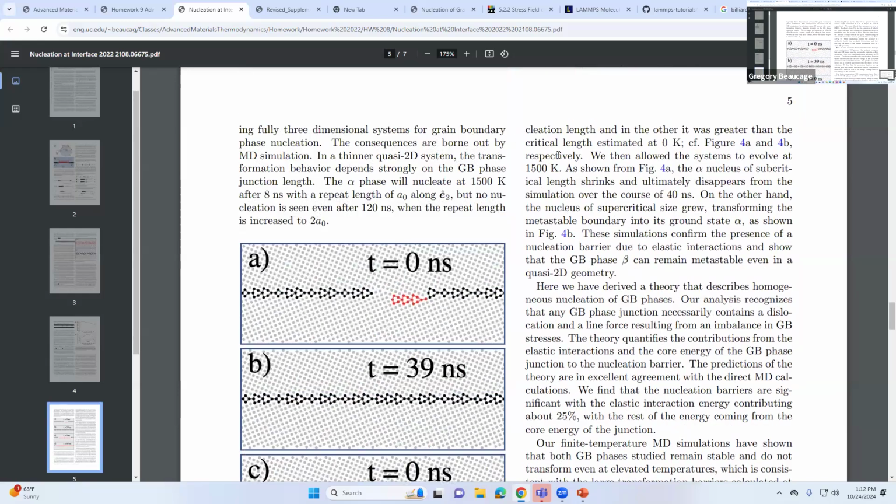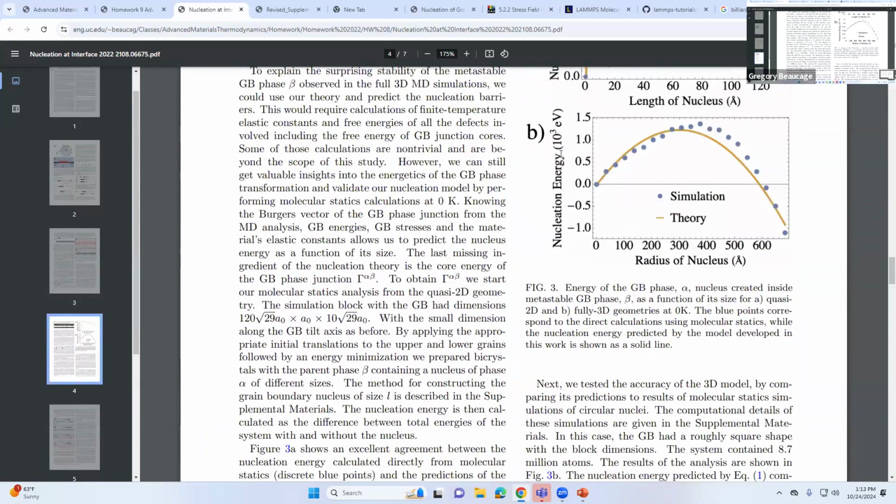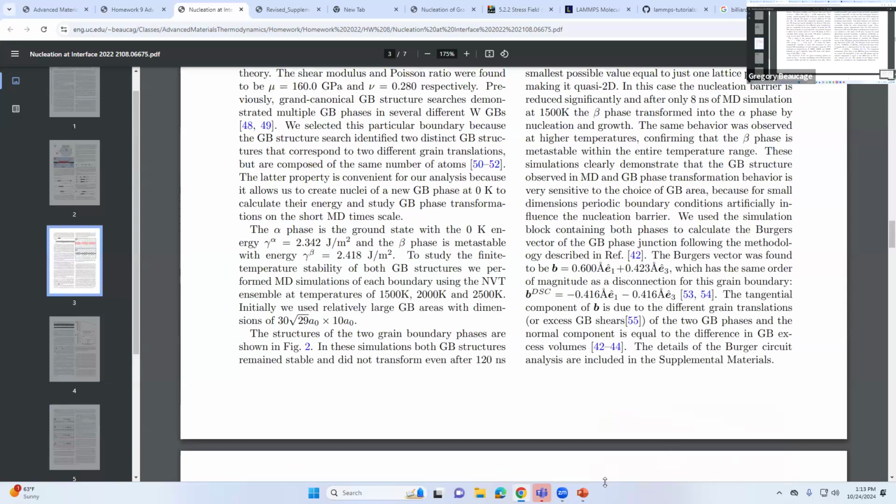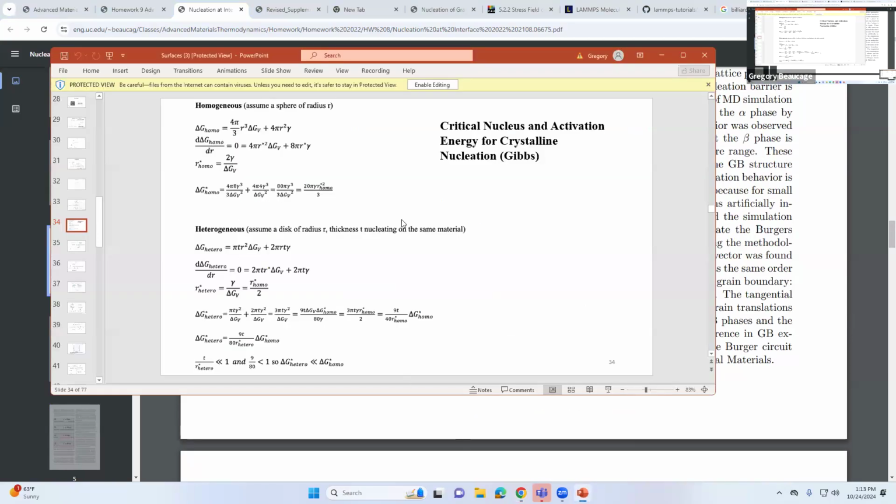You could have, like in the Gibbs phase rule, G has a temperature: delta H minus T delta S. There's a T in that, so there's an entropy. But that isn't what he does. He just gets a number for that. So he doesn't get a temperature dependence to this. This is where the temperature dependence, the entropy, would be.